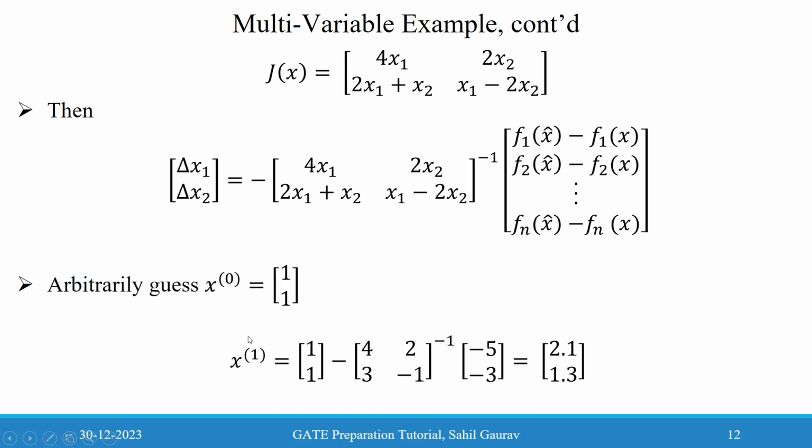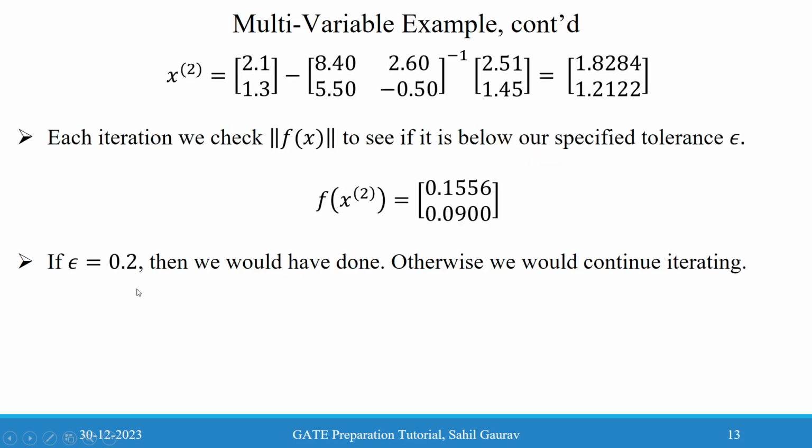After the first iteration, we will get the solution 2.1, 1.3, and subsequently we will go for another iteration. Here we will get the solution as 1.8284 and 1.2122.